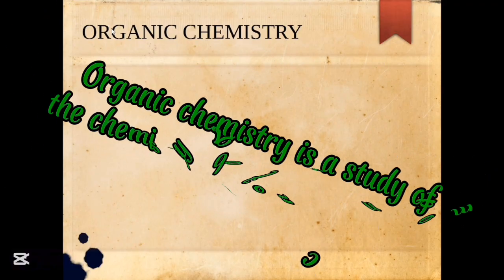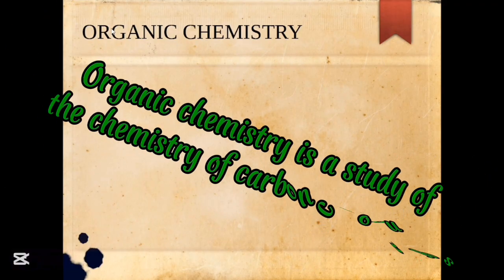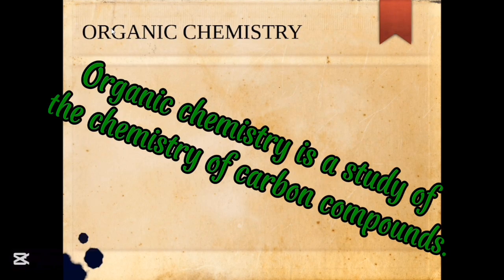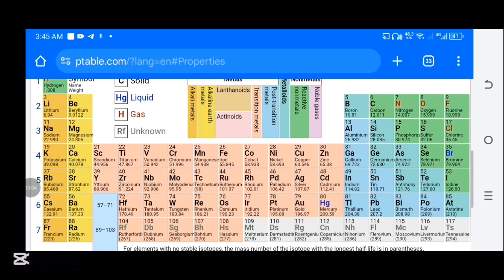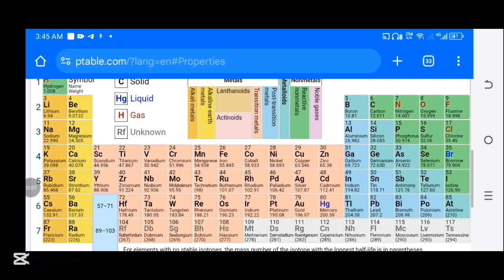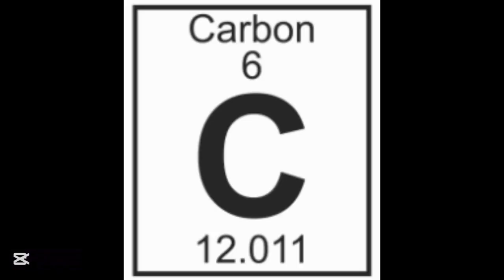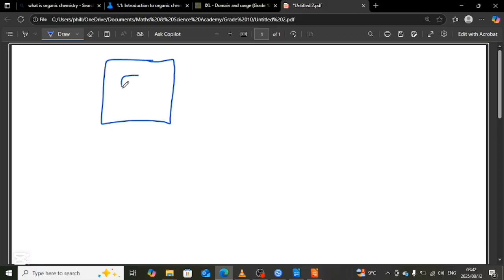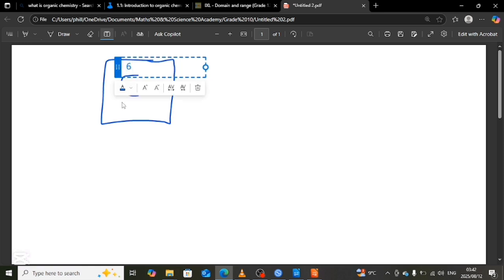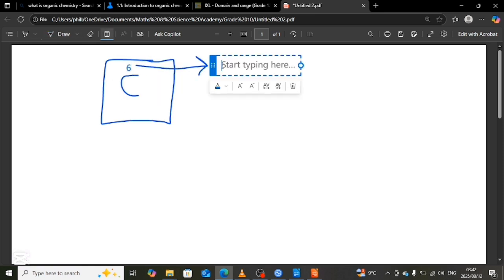Organic chemistry is basically the study of the chemistry of carbon compounds. And we already know that the element carbon is found on the periodic table, and it's the element number 6. So the 6 tells us that carbon has 6 electrons.